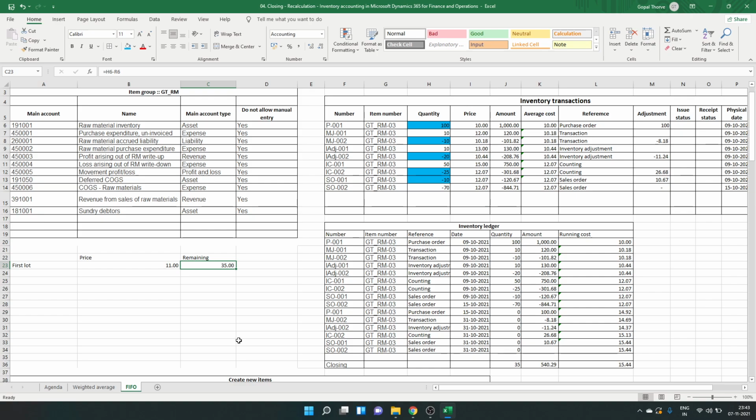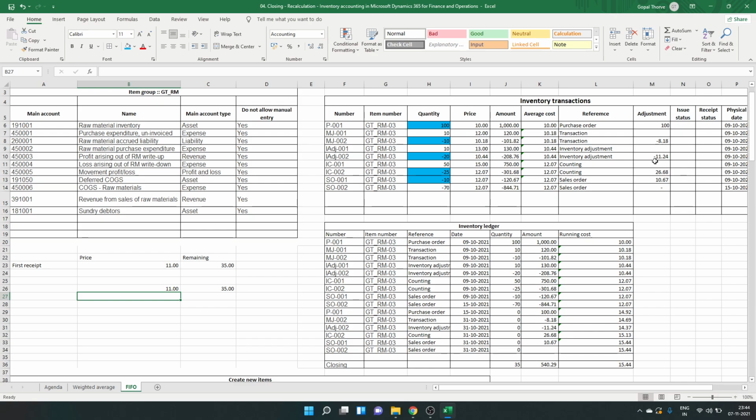Okay, so here at the time of adjustment what will happen, out of 70, first 35 quantity will have a settlement at the rate of 11.